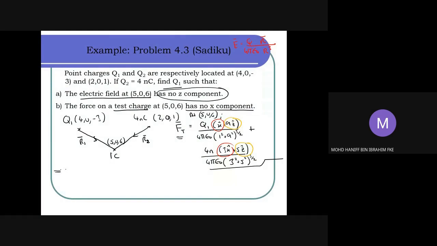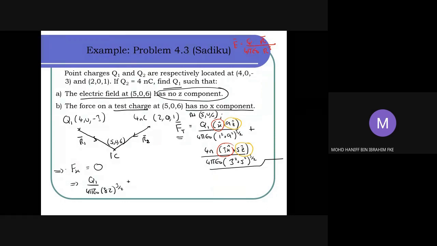So for that, I put that Fx, the x component of the force, shall be equal to 0. From this equation, for the first part, the x component should be Q1 over 4 pi epsilon naught times 82 to the power of 3 over 2.